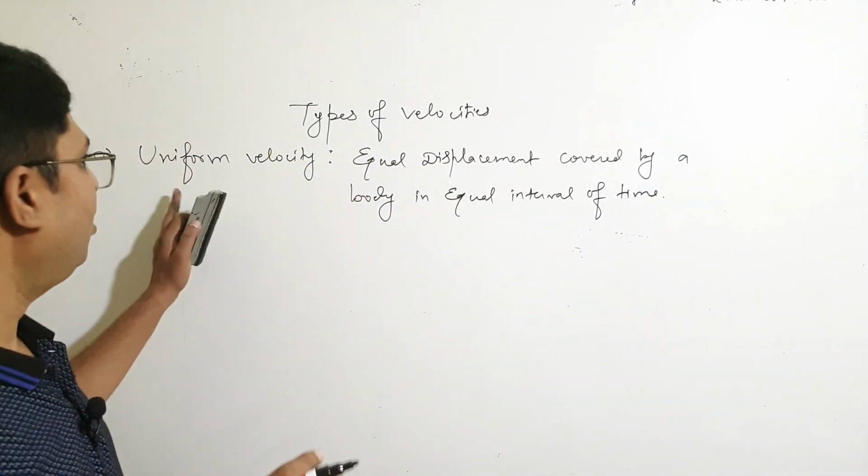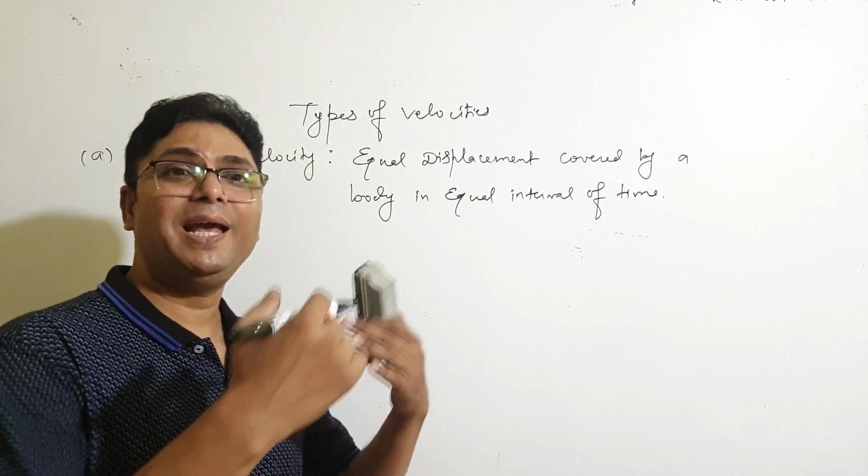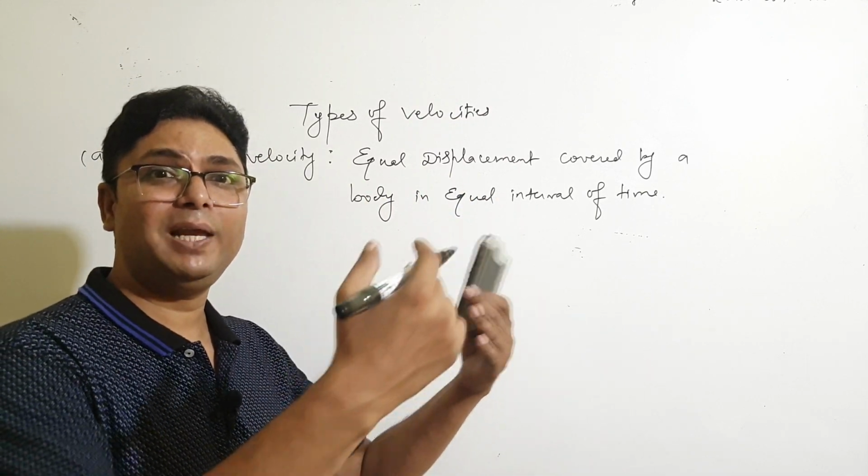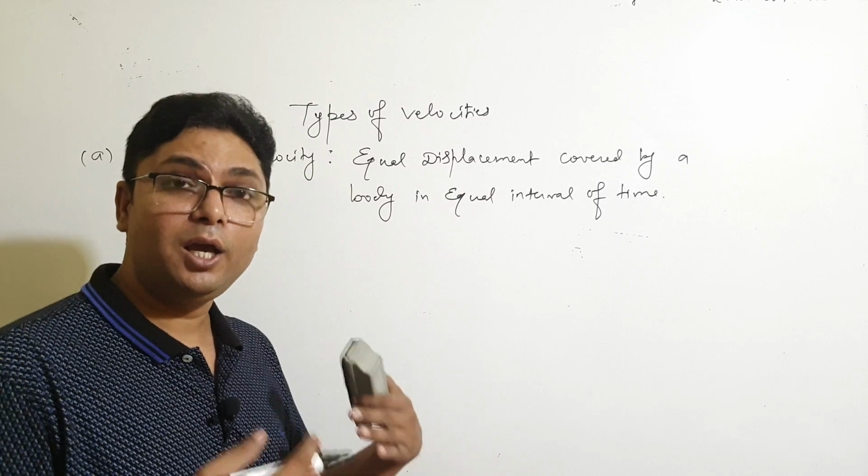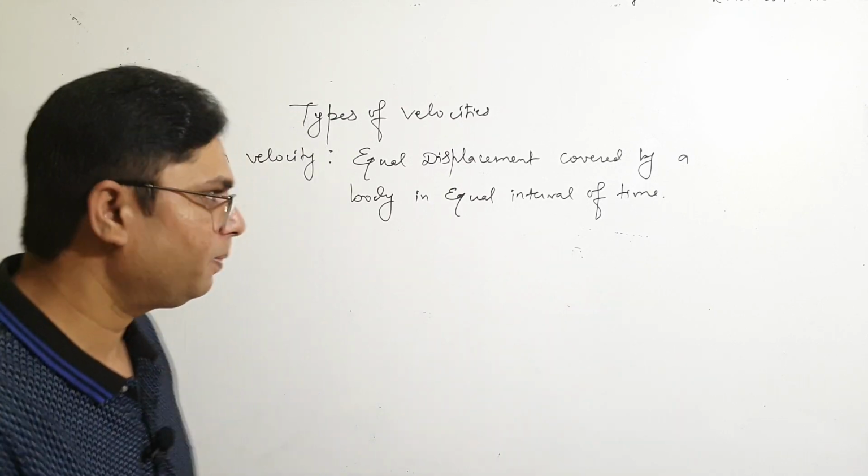So uniform velocity means equal displacement covered by a body in equal interval of time.